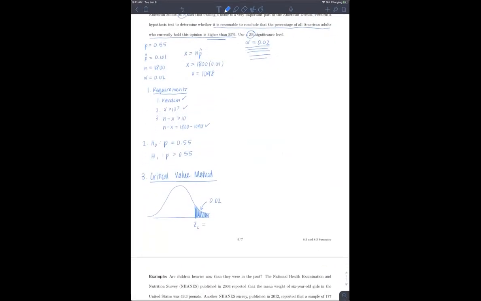And so here I need to find this value, z sub c, which is my critical value, right? And so here, how am I going to find that again? Which calculator function should I use?